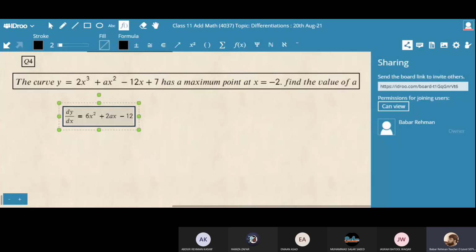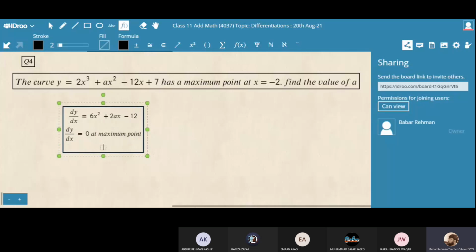The value of x is already given, so we will input x is equal to -2 in this equation. The derivative should be equal to 0 because there is a maximum point. At a maximum point, dy by dx is equal to 0.